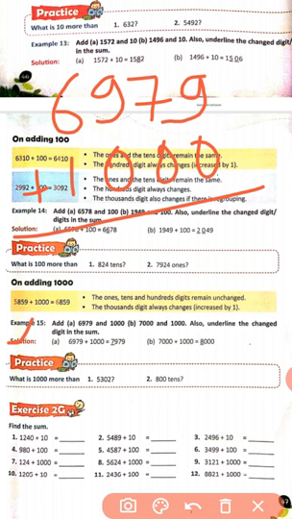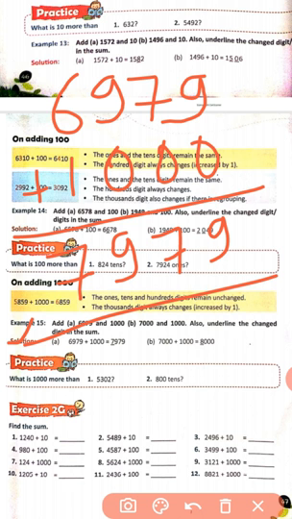We add 9 plus 0 is 9, 7 plus 0 is 7, 9 plus 0 is 9, and 6 plus 1 is 7. So what we see here, ones, tens and hundreds digits remain unchanged, and the thousand place digit always changes. So we underline the thousand place digit.